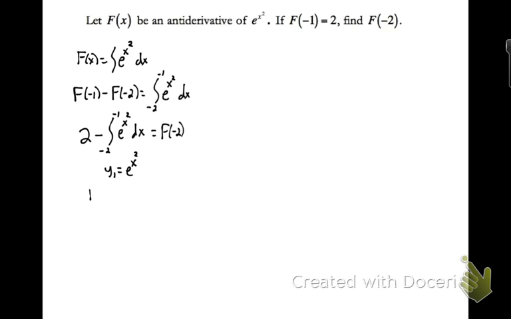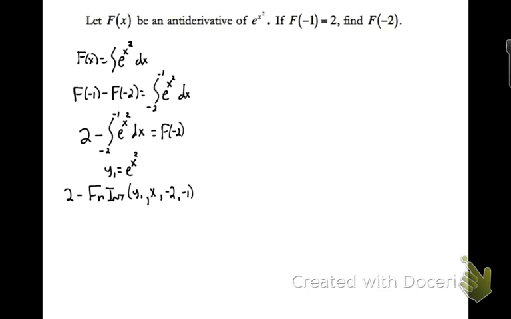And then I'll use math 9 to get function integrate. And my notation on the TI-83 is y1, which comes from vars, y-vars, function, choose y1, comma x, because that's what I'm integrating with respect to. And my integral is from negative 2 to negative 1. And my notation will be 2 minus this quantity.